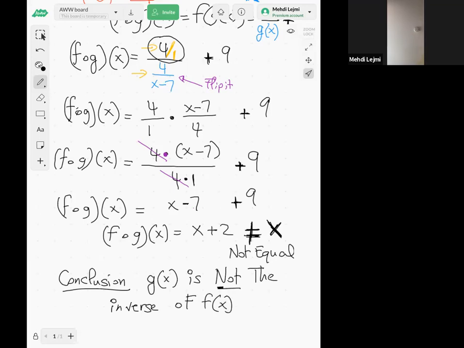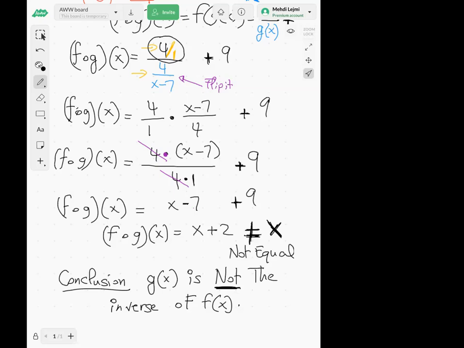So it's not the inverse. Right? Any questions, guys? No questions? Okay, perfect.